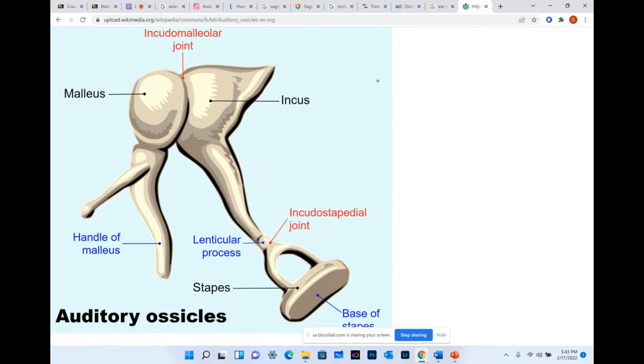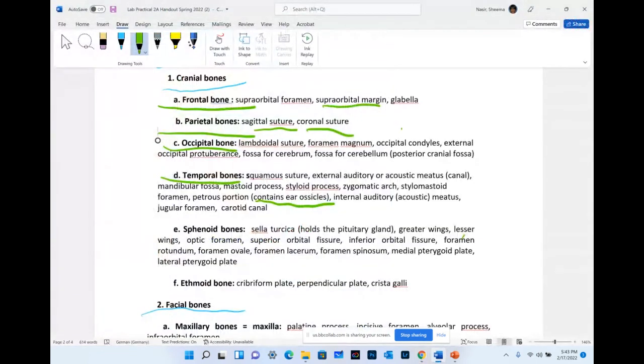Incus is attached to the stapes. Malleus is called mallet. Incus is called anvil. And stapes is like a stirrup. So these are the three bones which are the smallest bones in the body, and they are present in the ear and help us to listen. Okay, so we are done with the petrous portion, ear ossicles.